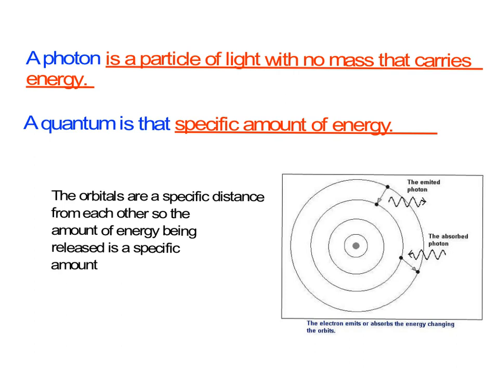So these orbitals that are specific distances from each other always release very specific and consistent amounts of energy. Remember, how these electrons fall, that's how we identify different elements, but all of these different energy levels do fall different amounts. So therefore they release different amounts of energy.